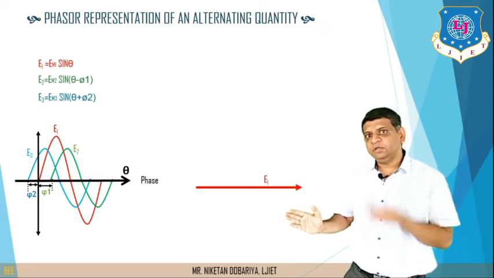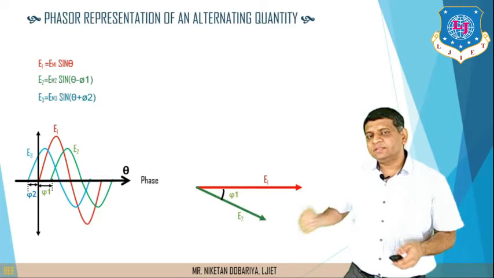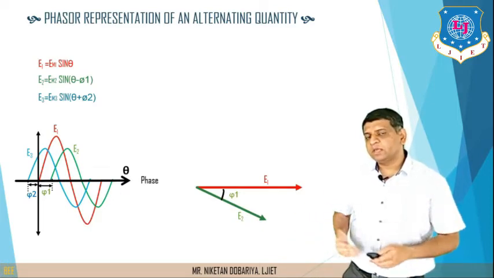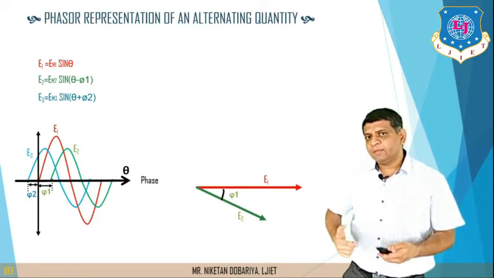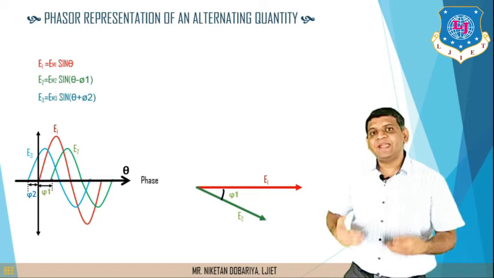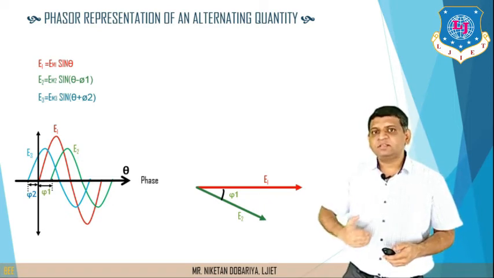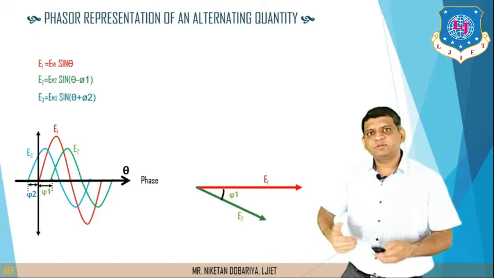Now as such, the angle phi 1 starts after the signal e1. This angle is represented as minus phi 1 with respect to angle 0, right? But it starts later on. Why? Because these vectors are moving in an anti-clockwise direction. So the first vector starts at E1, another vector starts after E1, that is E2, with the phase difference of phi 1.